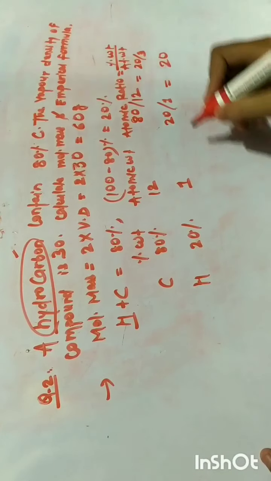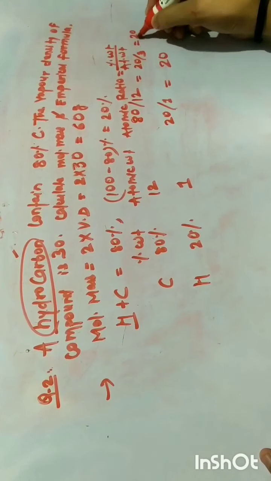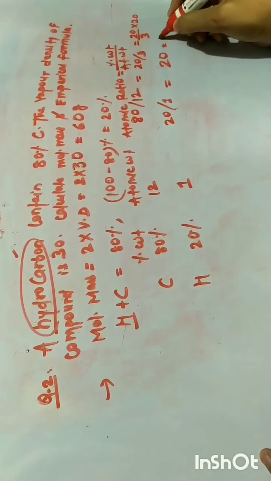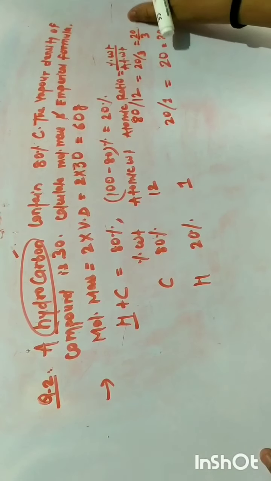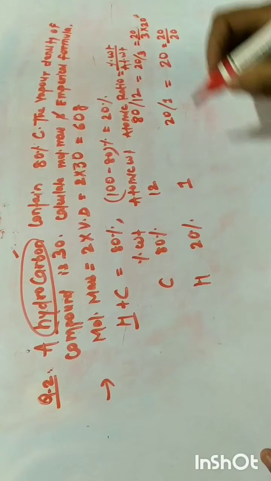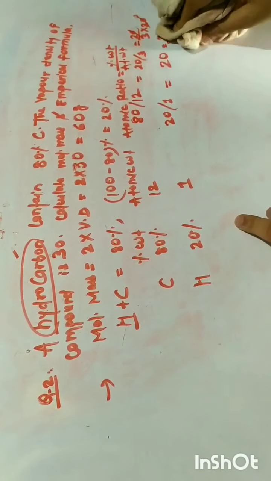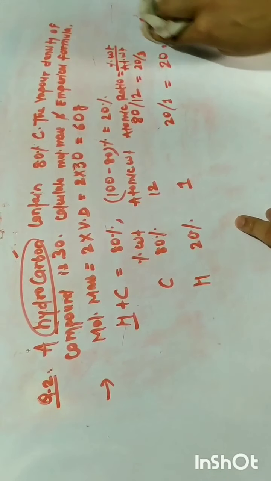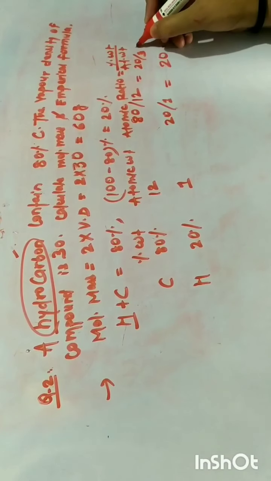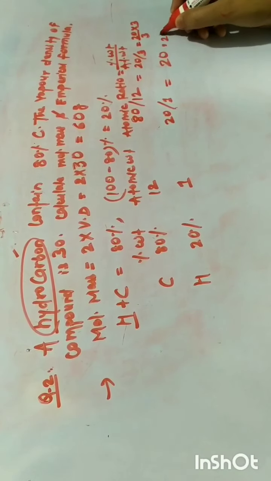To get the simplest ratio, we will multiply by 3. So 20 by 3 into 3 and 20 into 3.